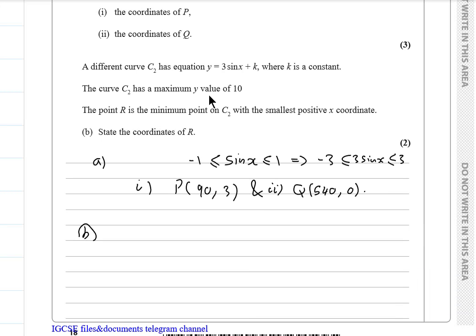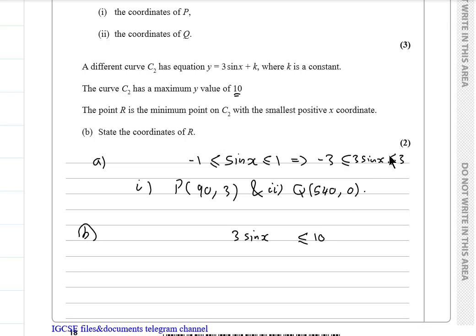Maybe the key point here is the maximum y value is 10, okay? So we can start from here. We said before that 3 sine x has maximum 3, but now we want to add something, and then the maximum should be 10.